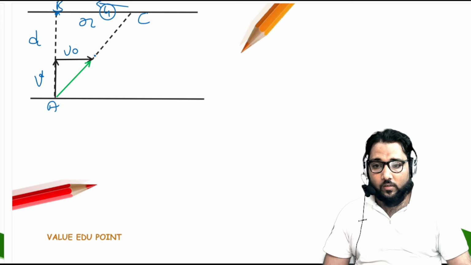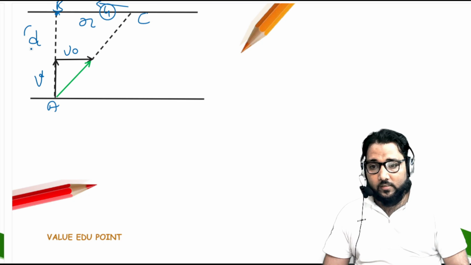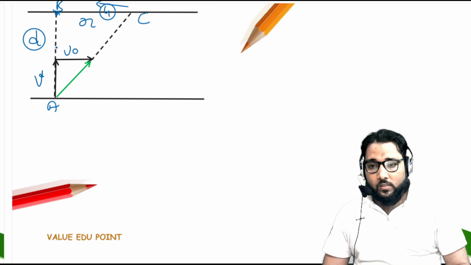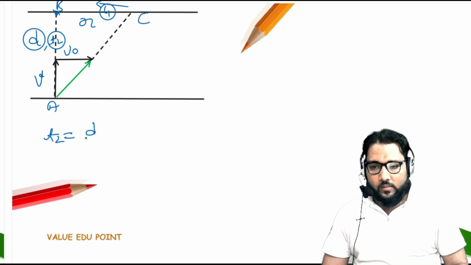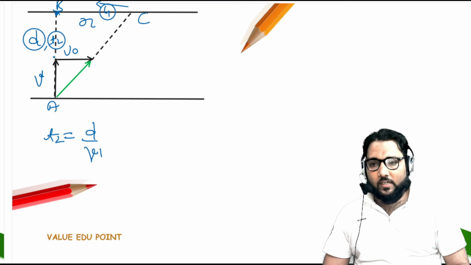So from here to here, this is the velocity and this is the distance. I am assuming that to cover the distance from A to B, he takes time t2. So he crosses the river in time t2, which is equal to distance upon velocity. Taking the velocity of the swimmer in the vertical direction, to cover the vertical distance, t2 is d upon v dash.